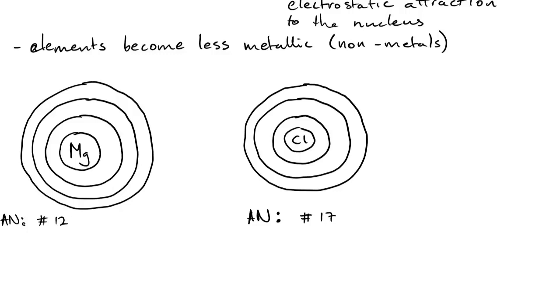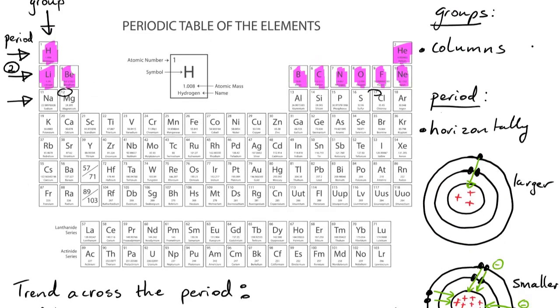Okay, and as we know, once we go across, we can see that magnesium has, in its third shell, 2 electrons, whereas chlorine has 3, 4, 5, 6, 7. I'm just trying to make it a bit different.